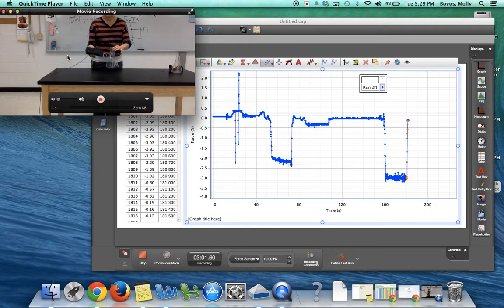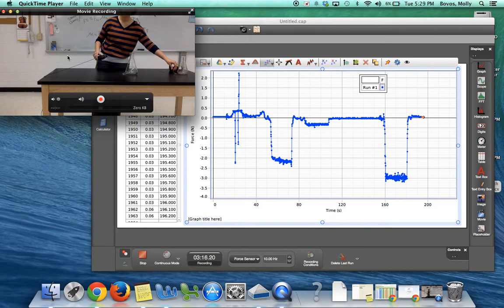Okay, now let's compare that to the frictional force. Do you guys think there's going to be more or less frictional force here than there was with the smaller flask? How come? I wish I was there to hear. Okay, you ready?